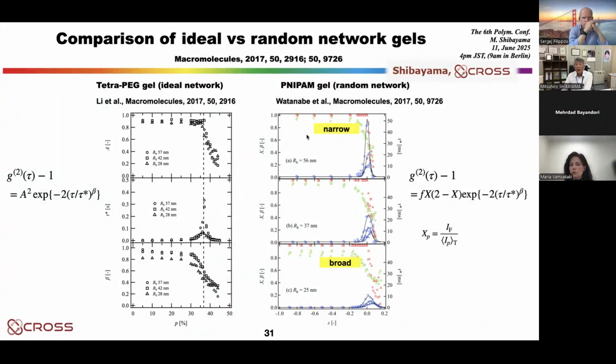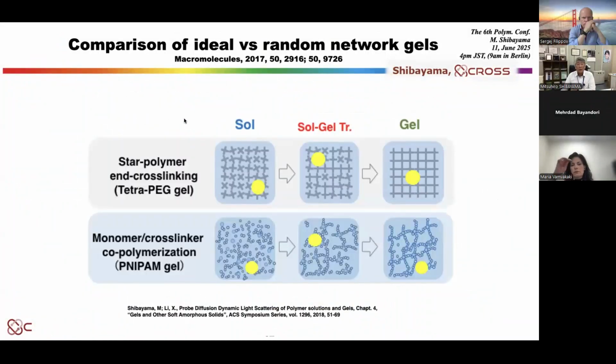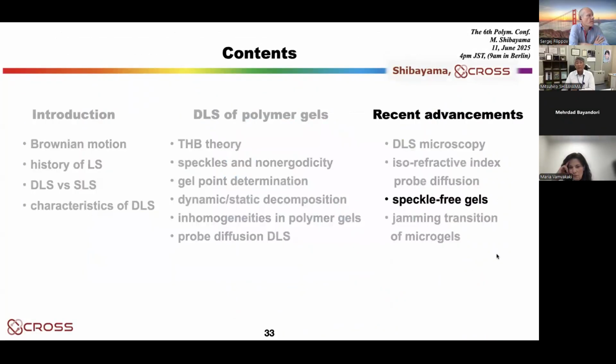If the particle is large, it's narrow, and when we decrease the size, it becomes broader. What does this mean? This is the message. If the end cross-linking gel is well developed, a very sharp sol-gel transition occurs, but if it is the random copolymer gel, because the network itself has a very broad distribution, this is why it depends on the size of the particles.